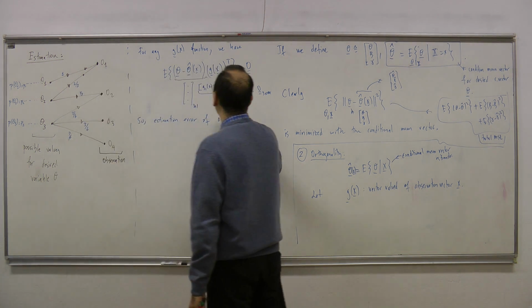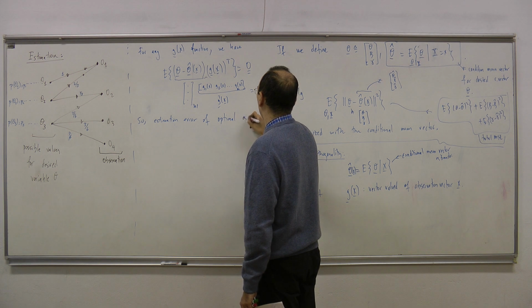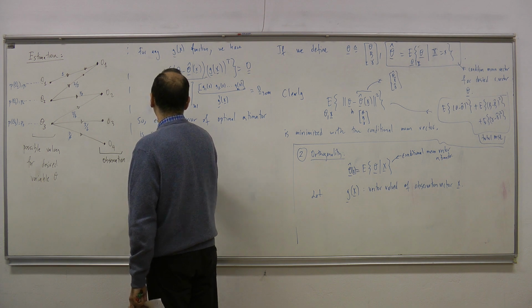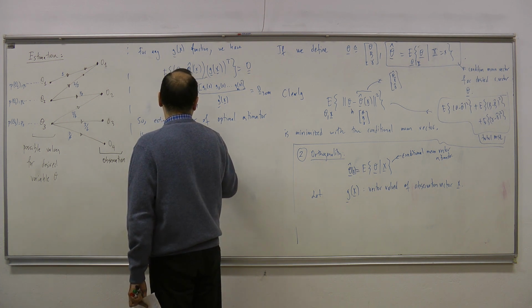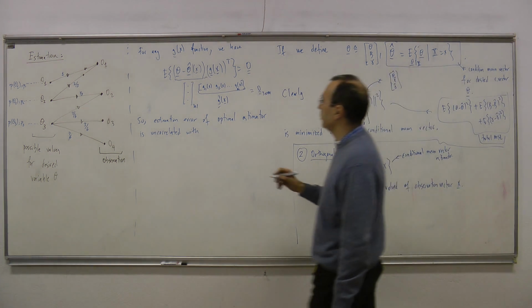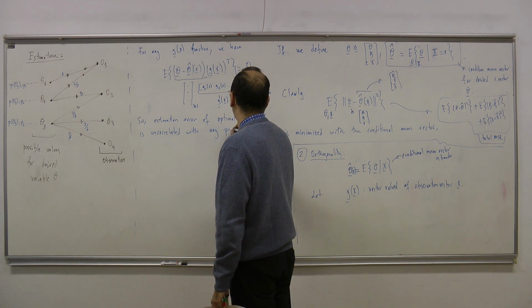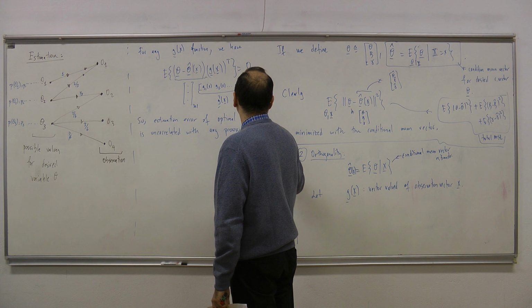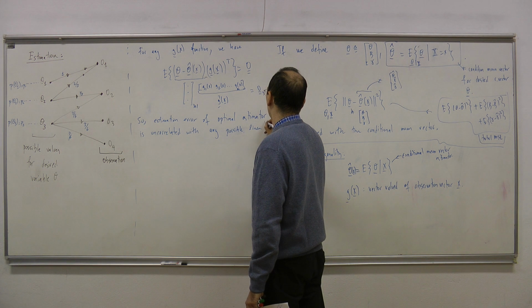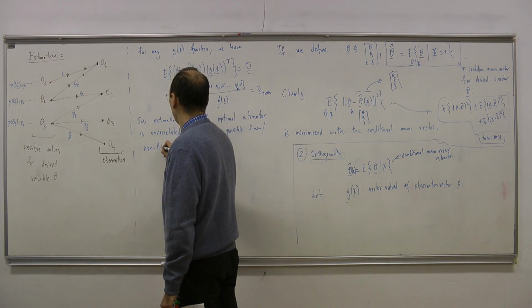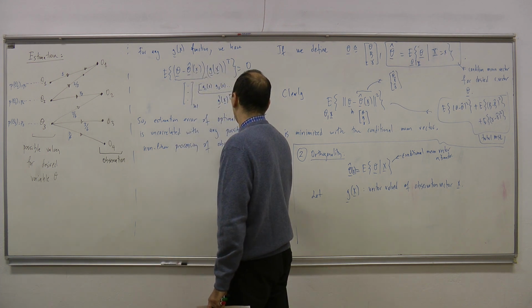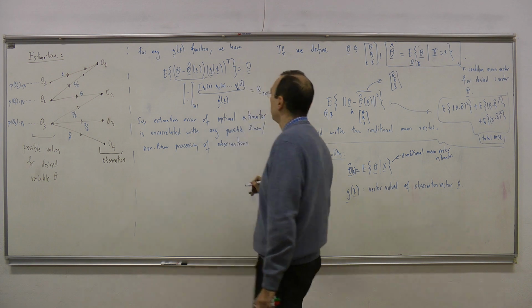The estimation error of the optimal estimator is uncorrelated with any possible processing, any possible linear, nonlinear processing of observations. Is this clear?